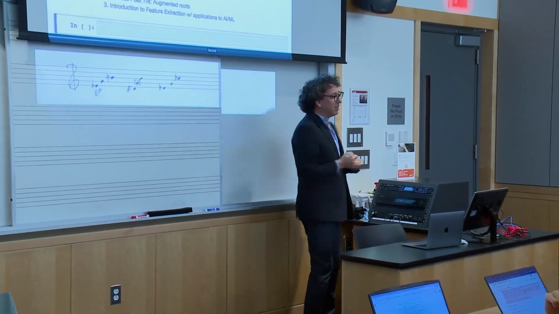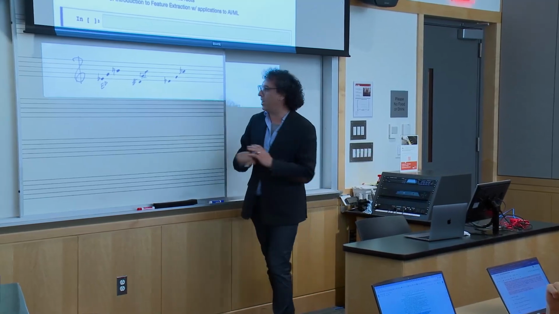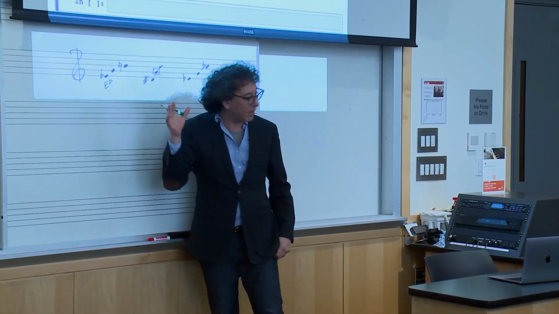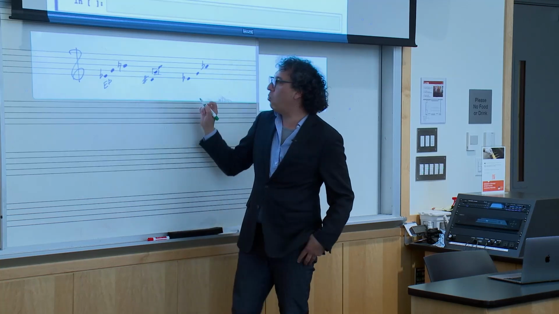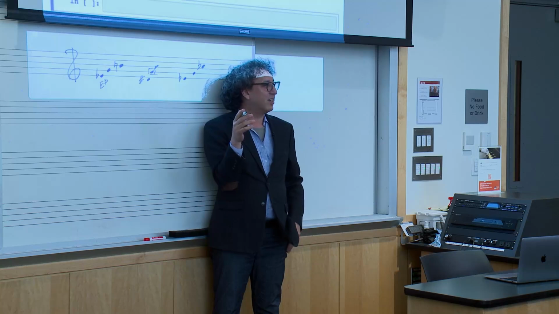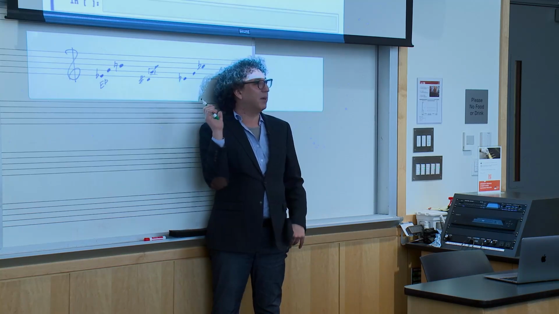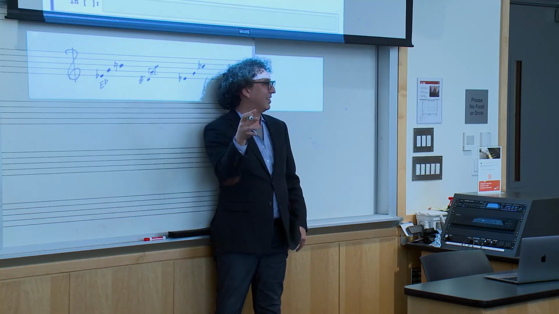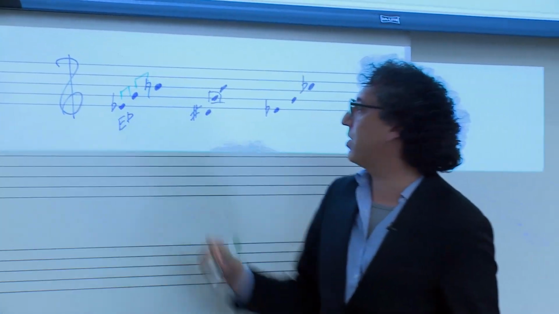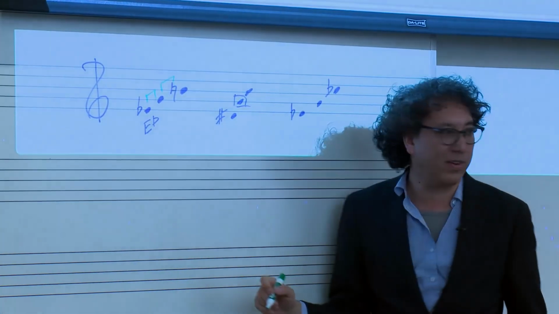But roots, the concept of root is something that comes from a triadic, sort of a spelling-enabled thing. So where do we find the root? We talked about the algorithm last time. What do we want to find? A bunch of stacked thirds. Good, I heard it. So stacked thirds. So here we have a third followed by a third, or a third and a fifth, depending on how you're counting.